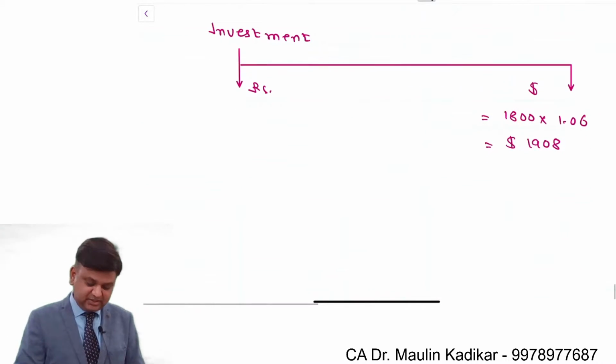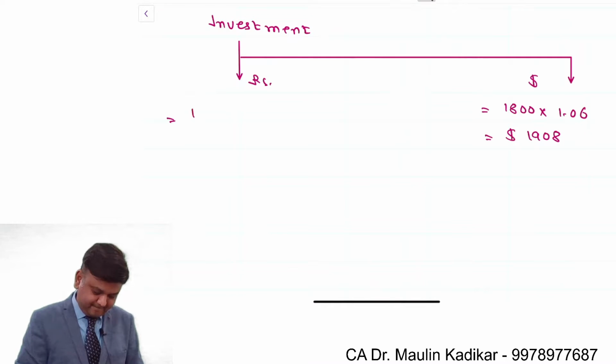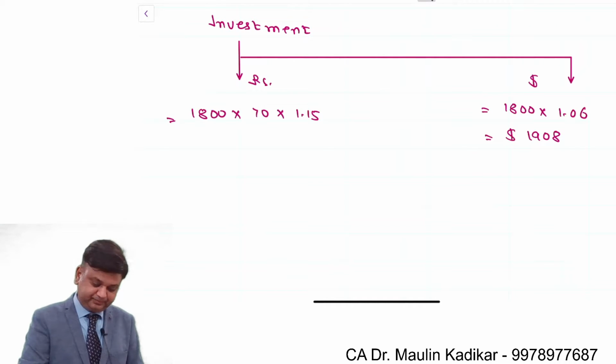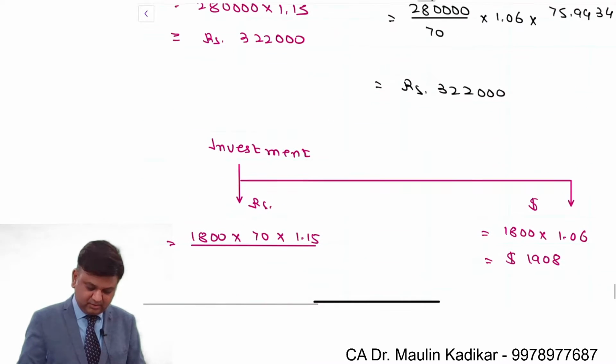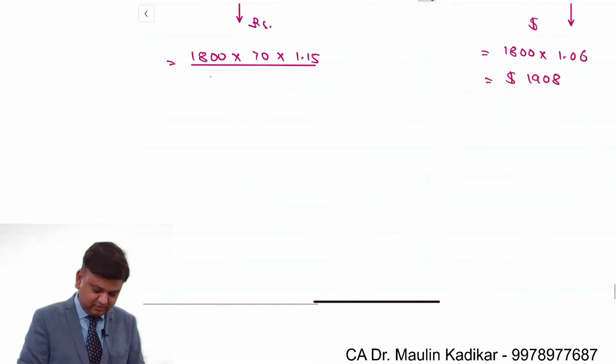And in rupees term it is 1,800 into 70 into 1.15 divided by 75.9434.